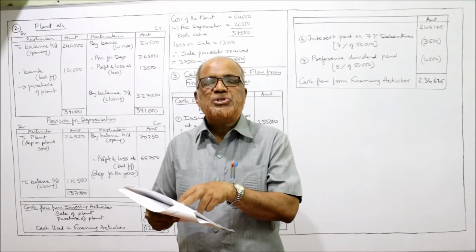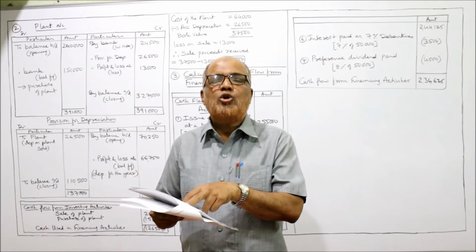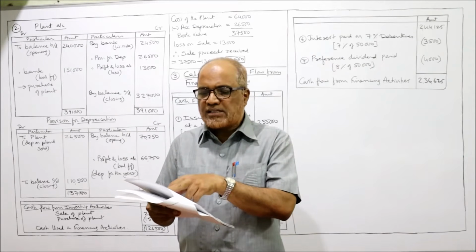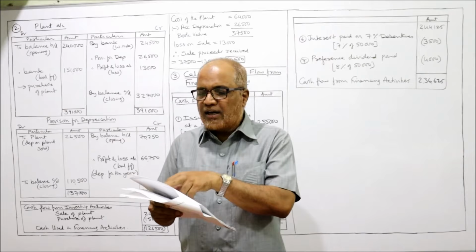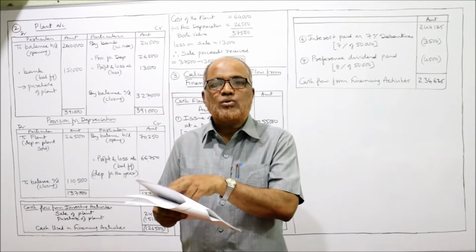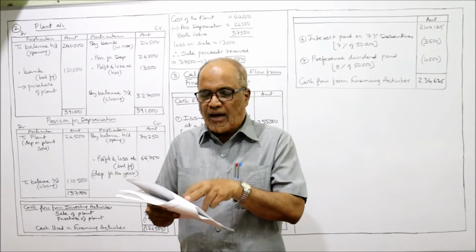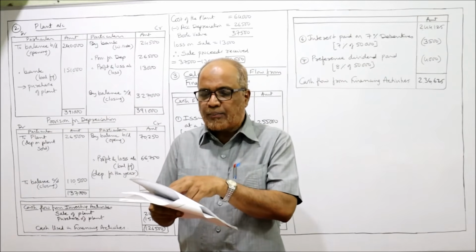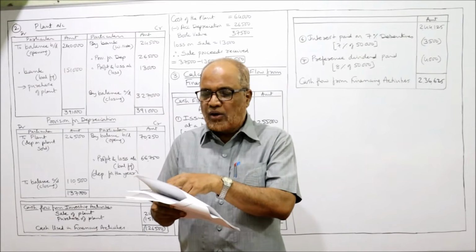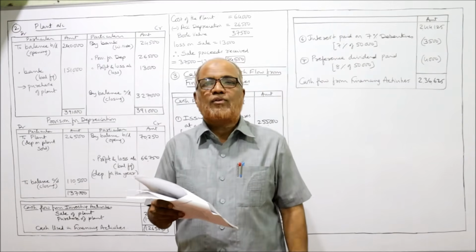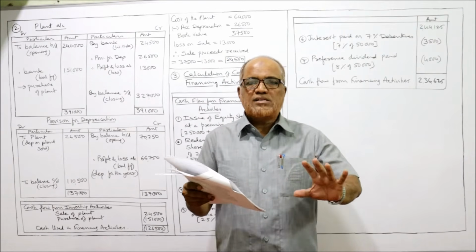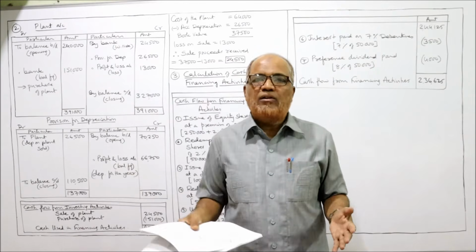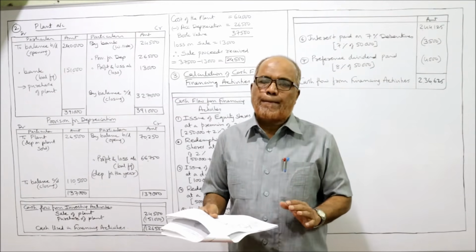Provision for depreciation means accumulated depreciation: last year 70,250, current year 1,10,500. And plant costing rupees 64,000, accumulated depreciation thereon 26,500, was sold for a loss of rupees 13,000. This is the information given, and we have to find out the cash flow from investing activity.